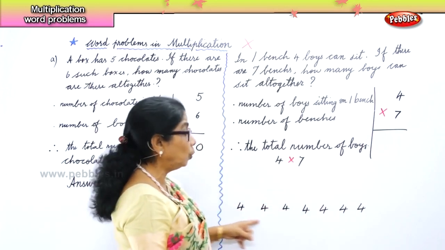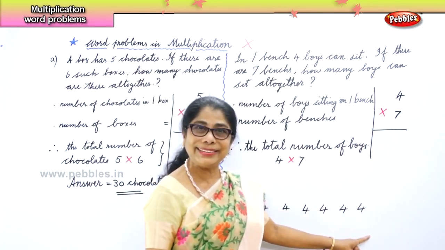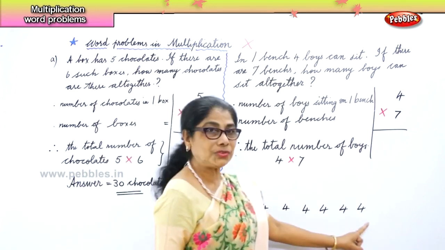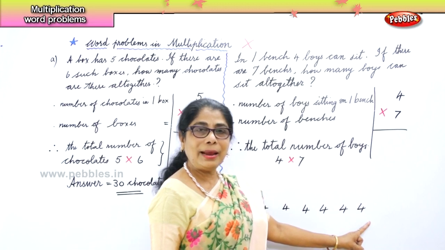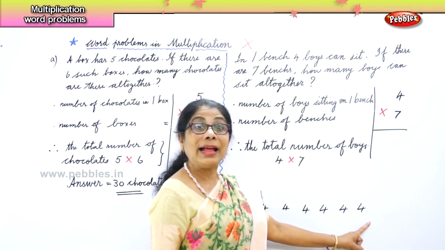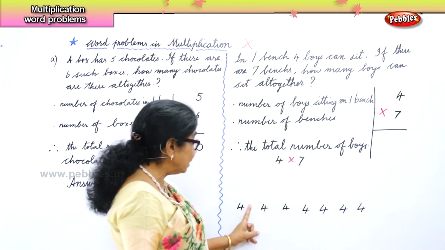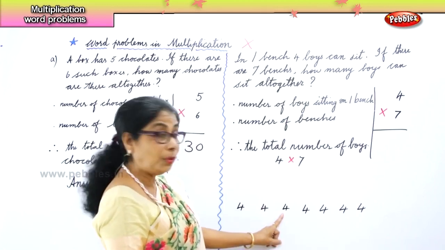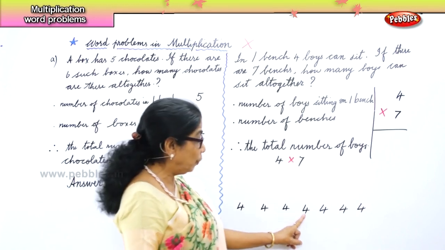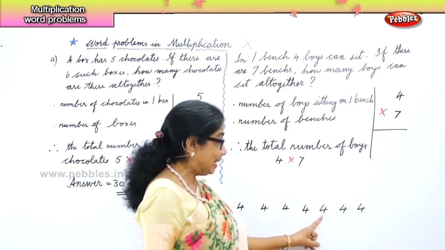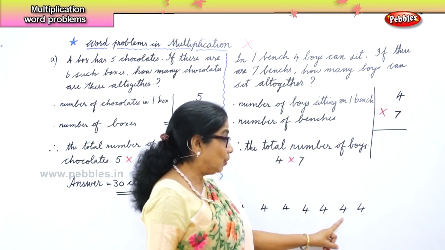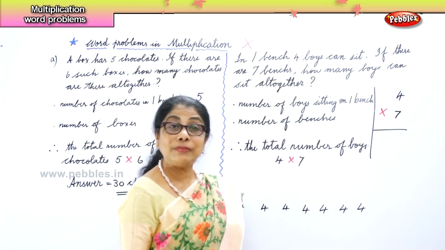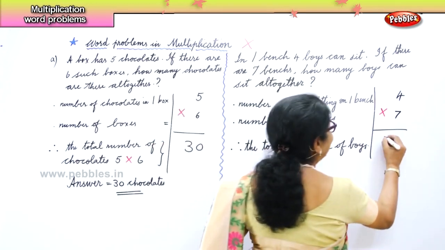Now 7 fours are, that's what you're doing. Okay, 1 bench, 4 boys. And didn't we learn multiplication is repeated addition? Yes. 4 plus 4, 8. 8 plus 4, 12. 12 plus 4, 16. 20, 24, 28. 7 fours are 28.